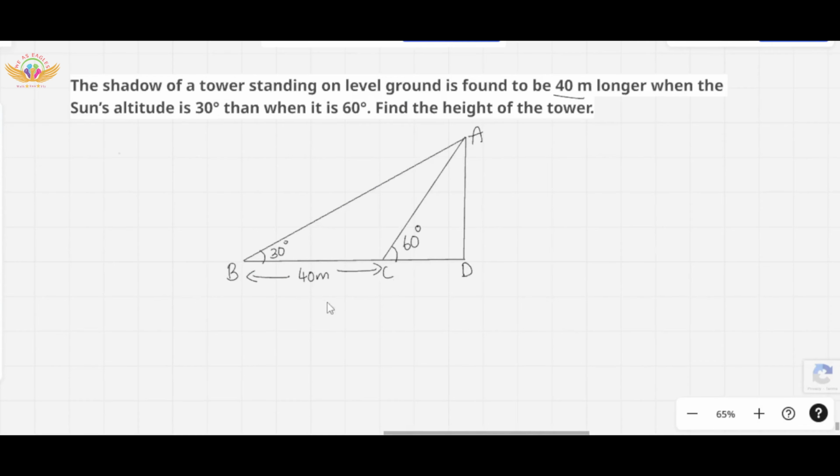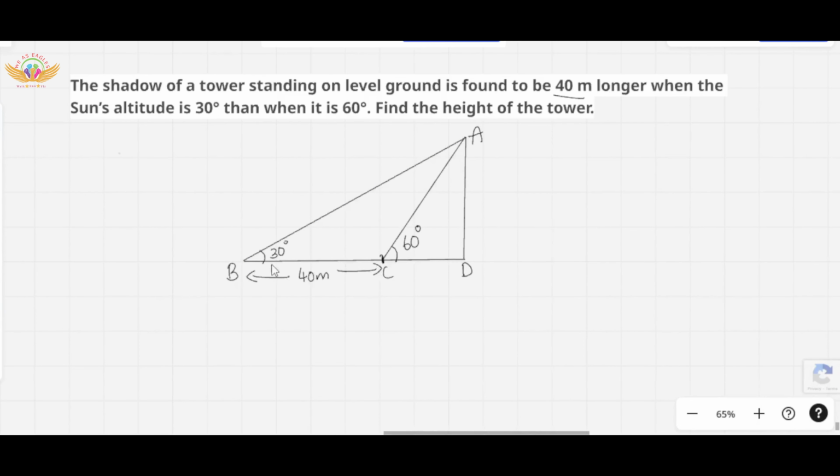This is the first shadow tip, when it is making an angle of 60 degrees. And again when the sun's altitude is making an angle of 30 degrees, the length of the shadow is 40 meters more. So this is the way you have to construct the diagram.